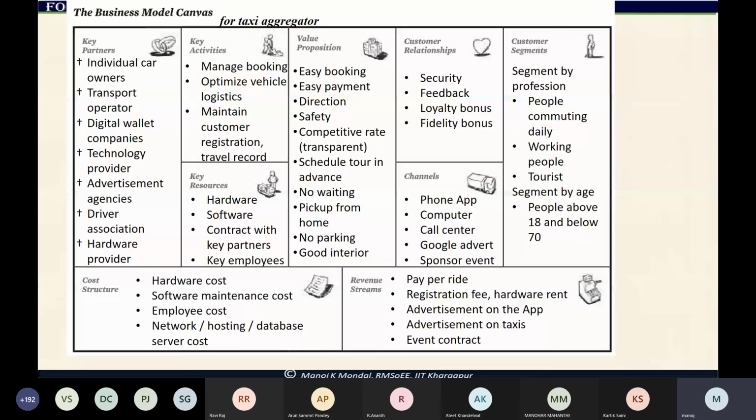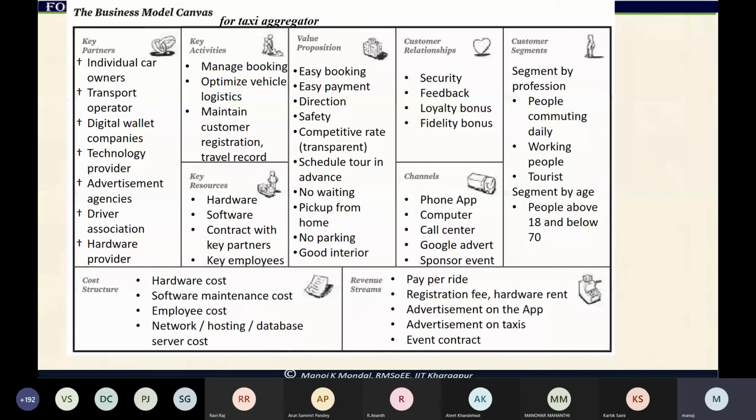And this is a taxi aggregator business model canvas. I took it from somewhere, but I added a lot of points. So let us, do I have time? Yes, some 5 minutes. So taxi aggregator.